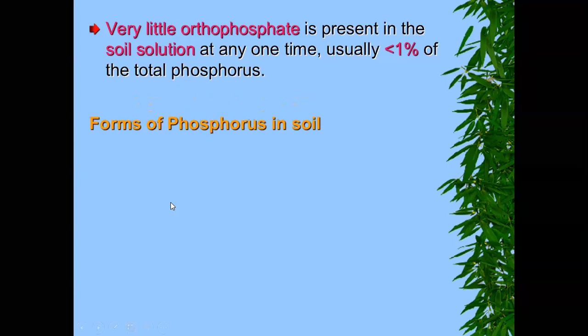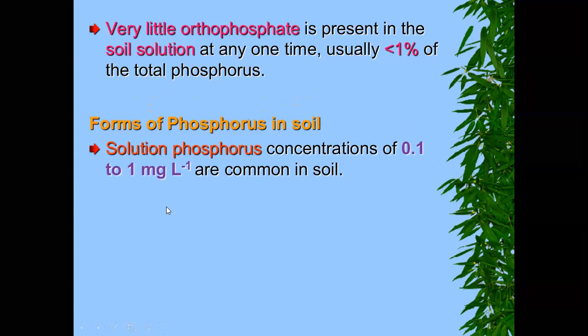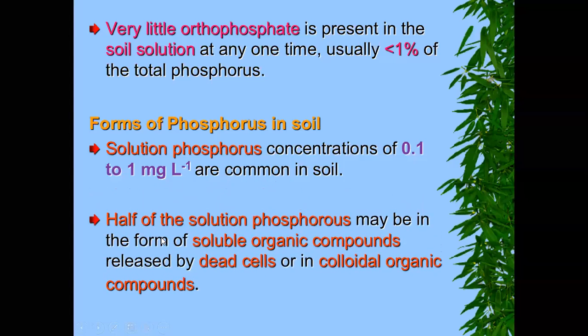What are the different forms of phosphorus in soil? That may be solution phosphorus, and concentrations of 0.1 to 1 milligram per liter are common in soil. So in soil solution, the phosphorus concentration is 0.1 to 1 milligram per liter, and half of the solution phosphorus may be in the form of soluble organic compounds released by dead cells and colloidal organic compounds.